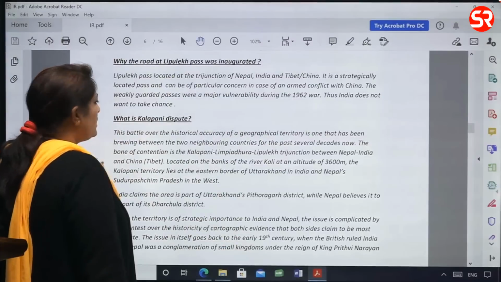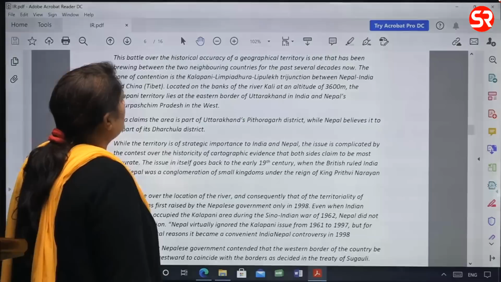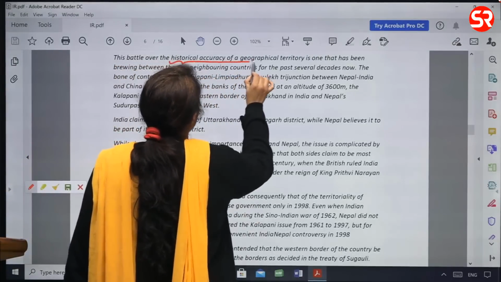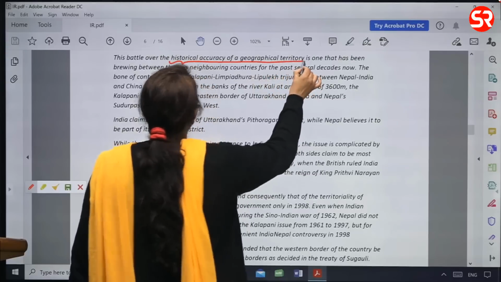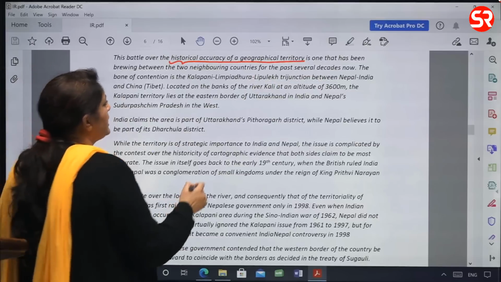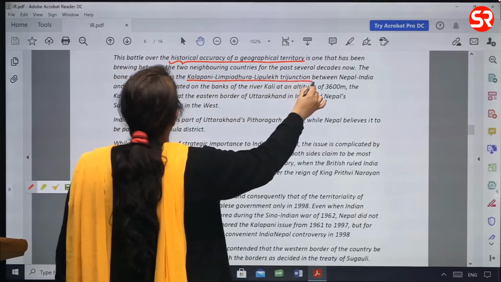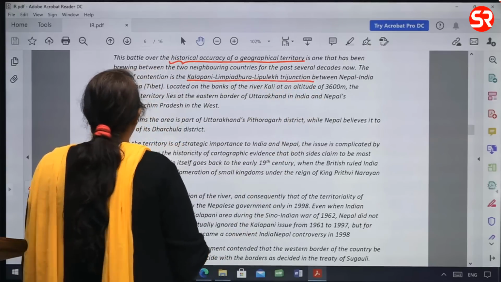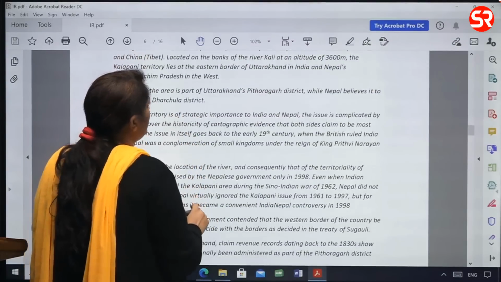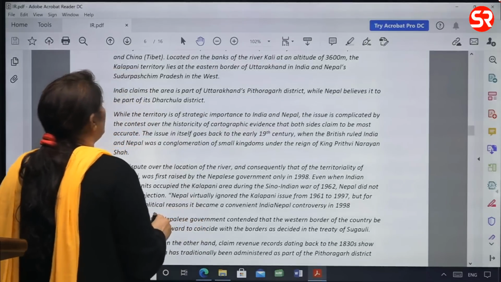Now, what is the Kala Pani dispute? The dispute is over the historical accuracy of geographical territory between the two neighbors. The bone of contention is the Kala Pani, Limpiyadhura, Lipu Lake tri-junction, and Nepal considers it a part of its own territory.